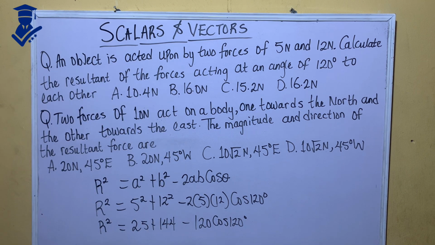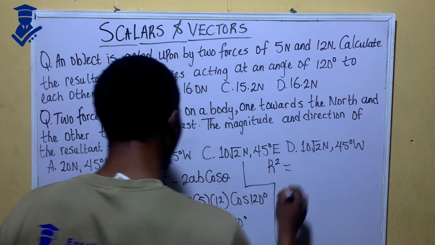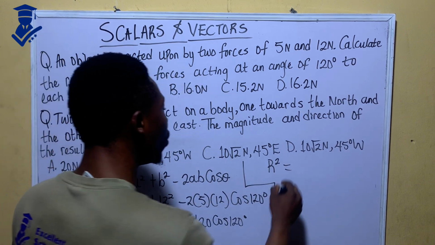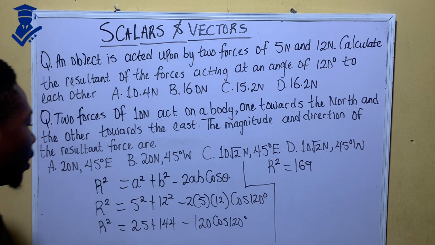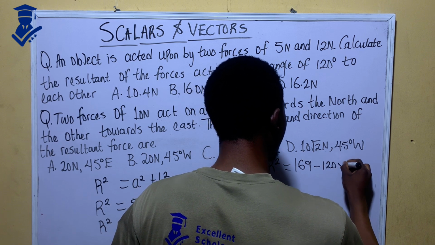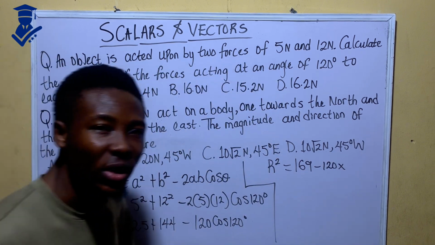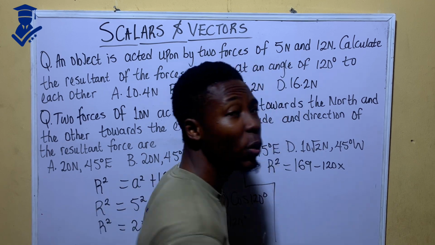All right, now let's continue. So R squared is going to be equal to 25 plus 144, which gives us 169, minus 120 times cos 120, which, take note, is the same thing as cos 60, which is 1 over 2 or 0.5.